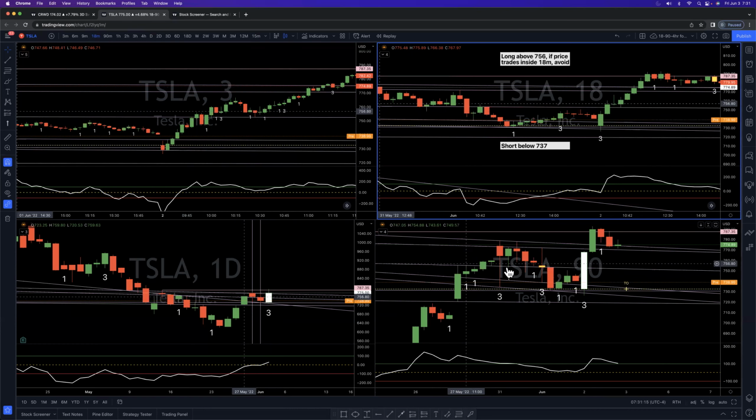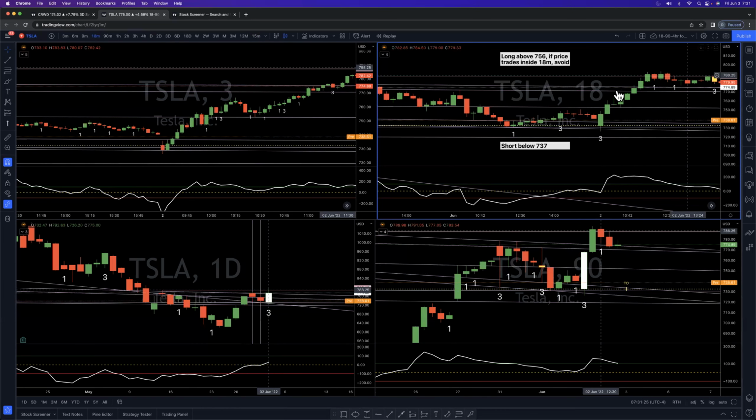But in my view, I said if price trades above this range, so that's where 756 came from, it would go 3, 2, 2 to the upside. And so you can see it traded down here back to that range, that broad information, and held, guys.